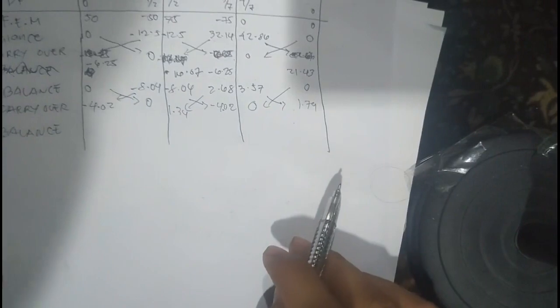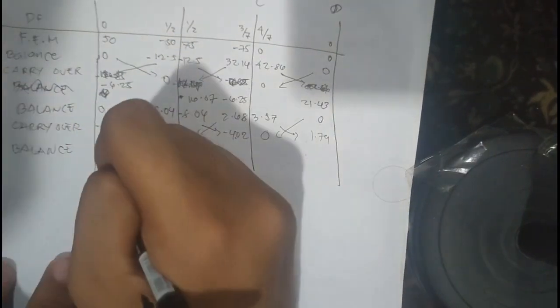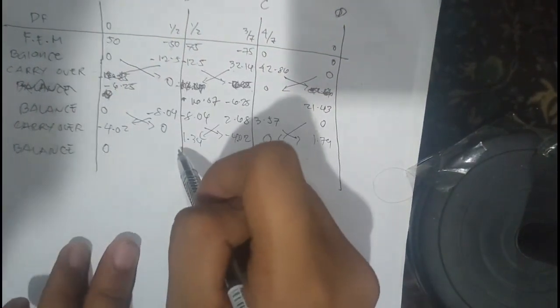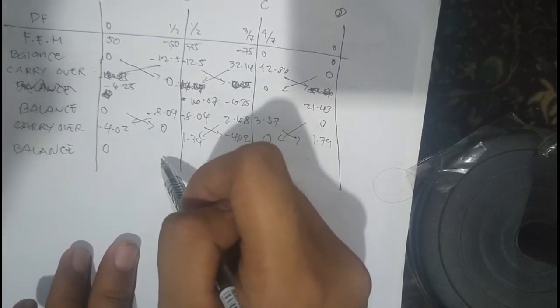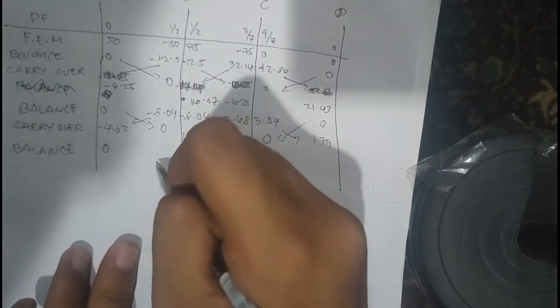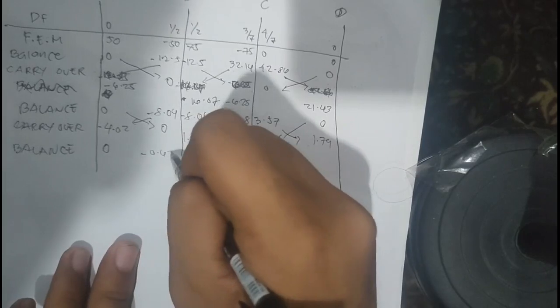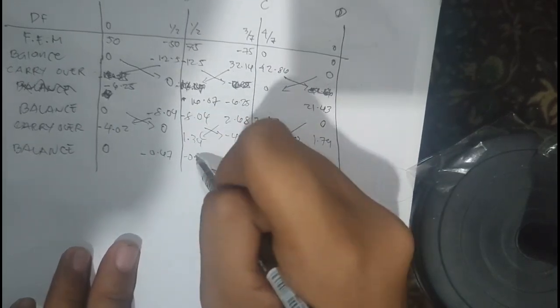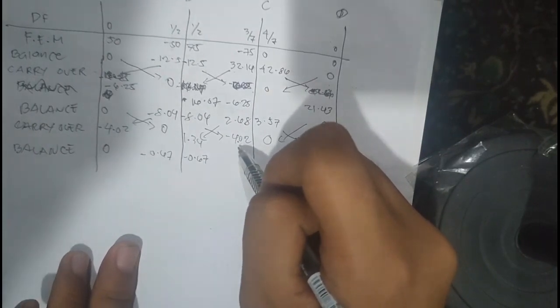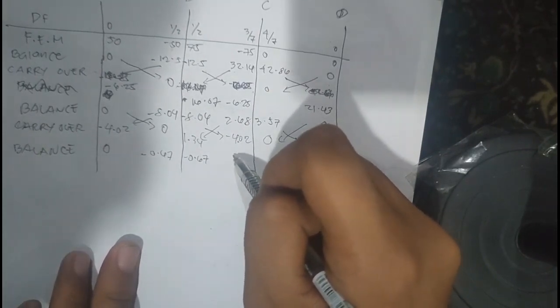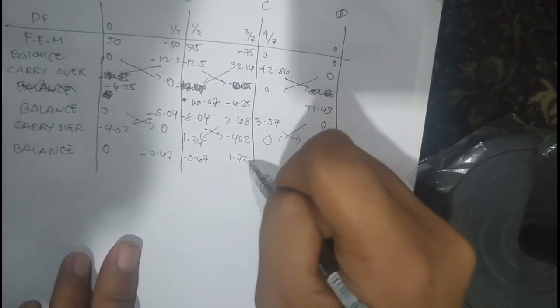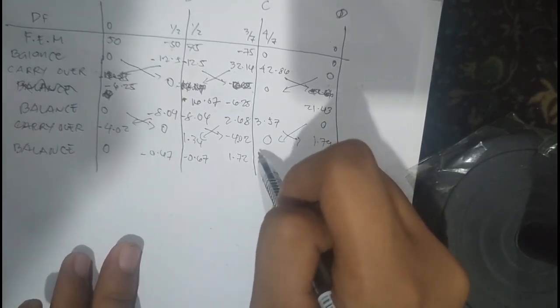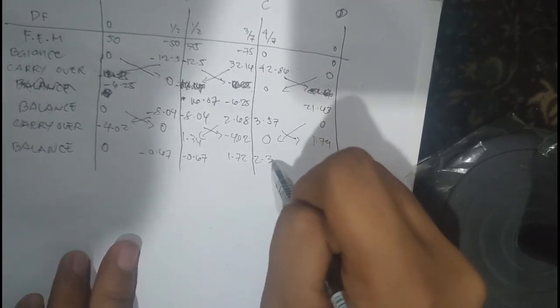Next, balance na punta. It is 0. So 1.54. Half niya equals negative 0.67. Dire, 3 over 7 times negative 4.02 equals 1.72. So 4 over 7 times 4.02 equals 2.30 and 0.